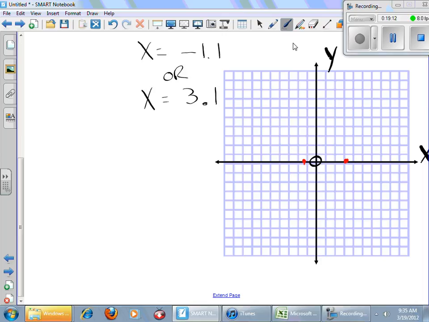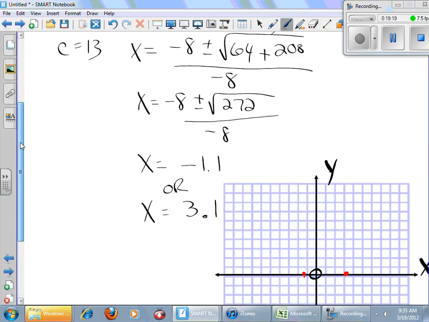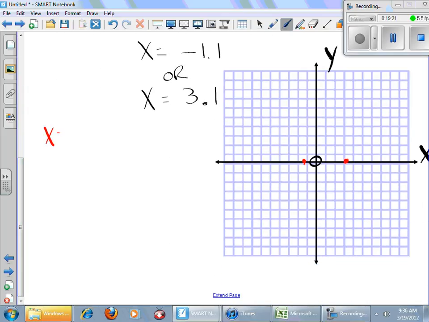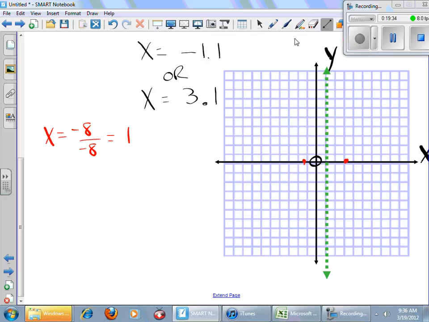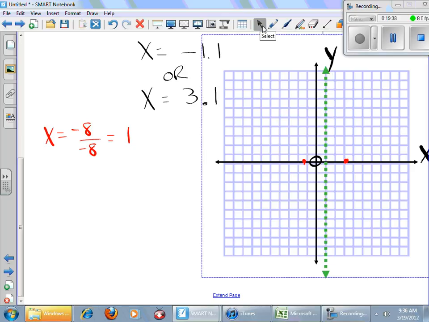Okay, so I've got my two zeros, so now I'm going to find my axis of symmetry. Well, I can look at my formula, and it's basically going to end up being x equals negative 8 over negative 8, which is positive 1. So I'll put my line of symmetry in.